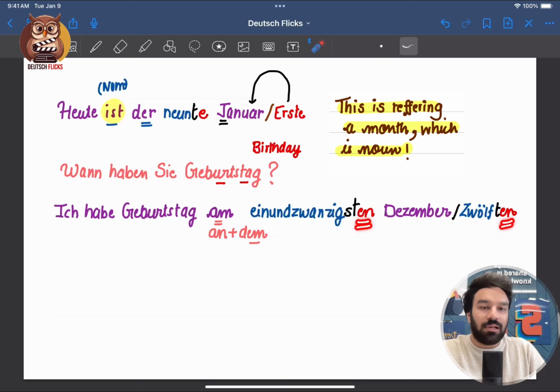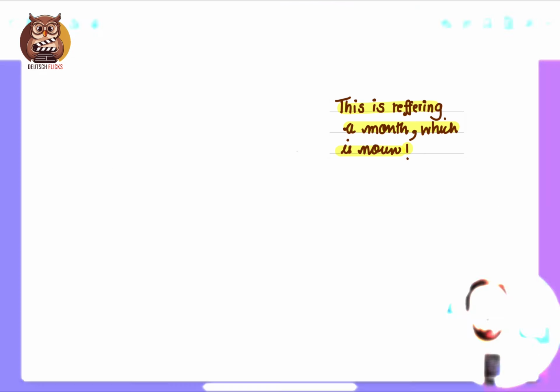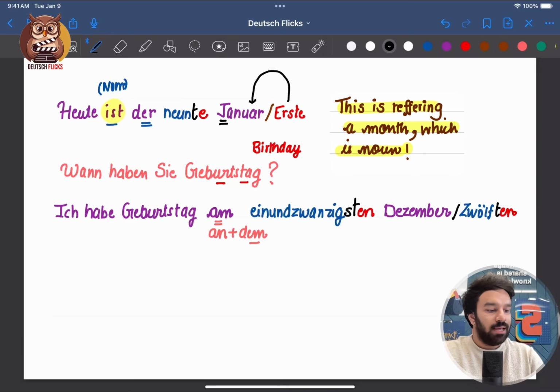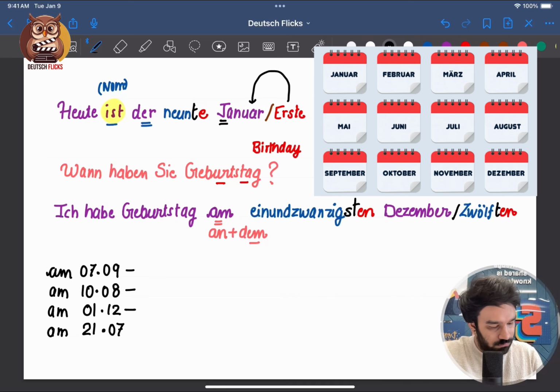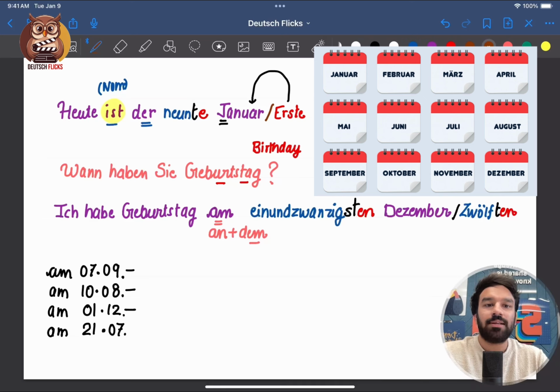Similarly, here as well you have to give dative ending. Now I'll give you some dates and you have to show me both the possibilities. Firstly, you have to write the month and then which month this is according to the calendar. So we'll discuss the answers in 5 seconds. You can pause the video.